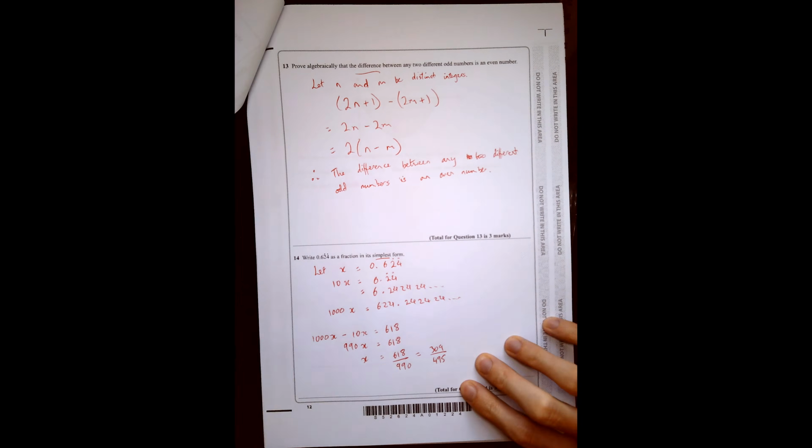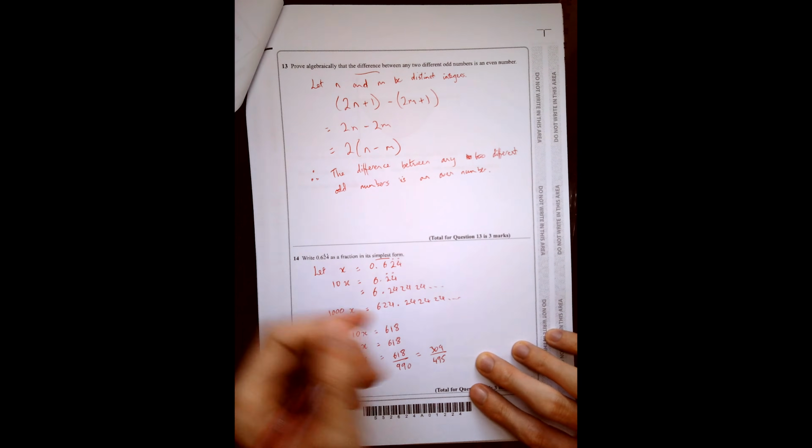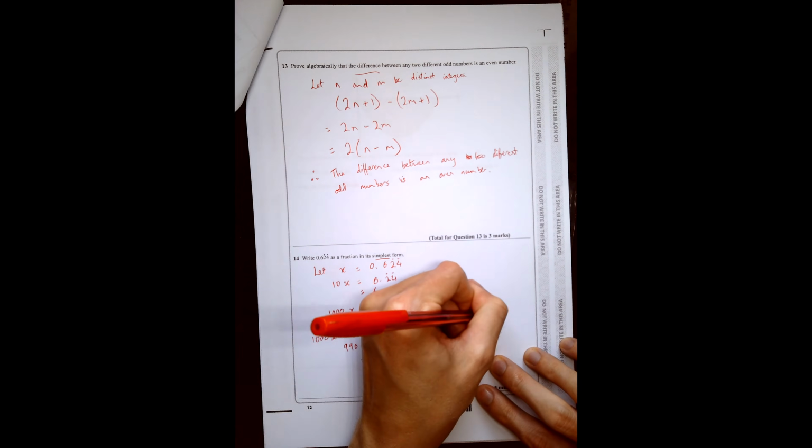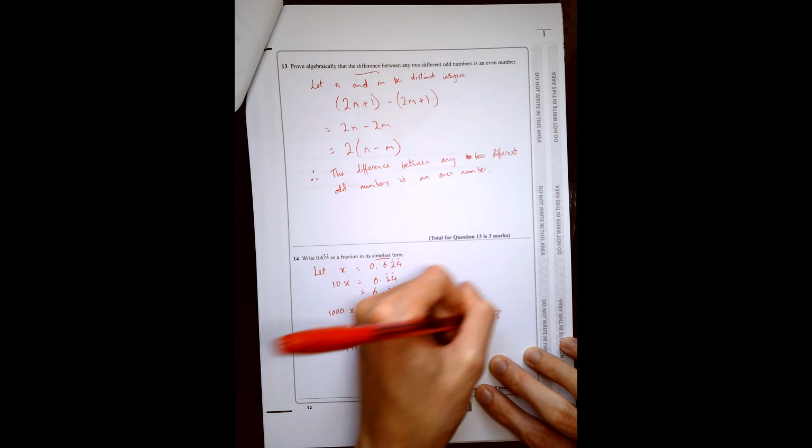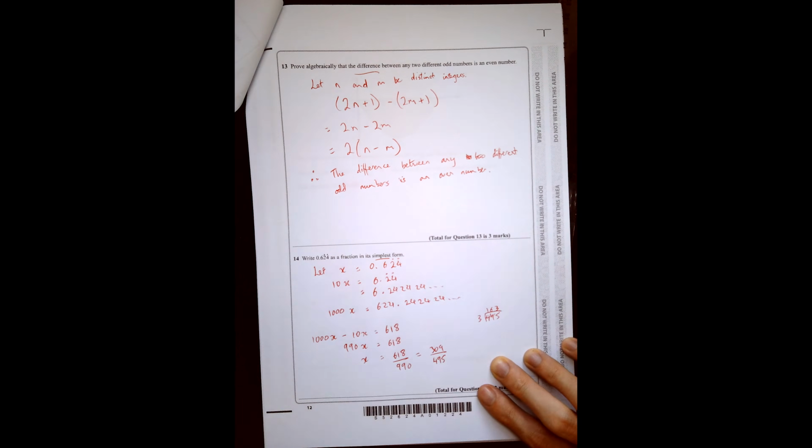Now, I just want to check at this point that I can't simplify that any further. I'm looking at it thinking that maybe I can divide by 3. I know I can divide 309 by 3. So let's try 495. Let's just check I can't divide that by 3. Goes in once, remainder 1. Goes in 6, remainder 1. 15 divided by 3 is 3.